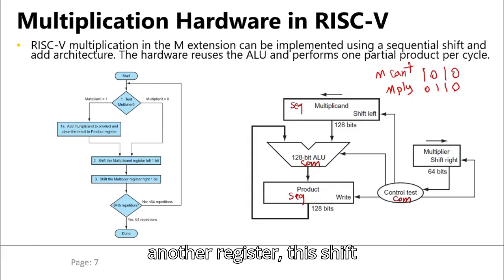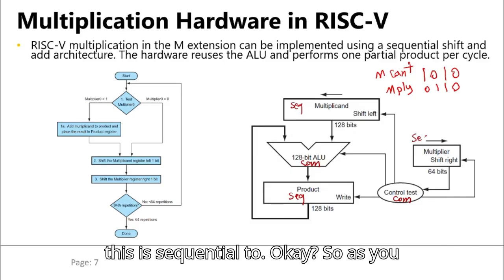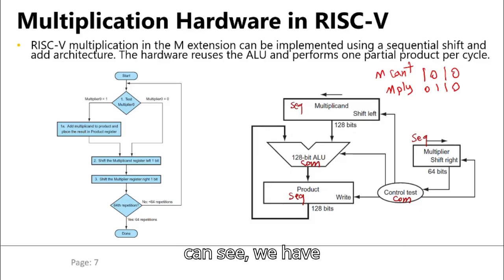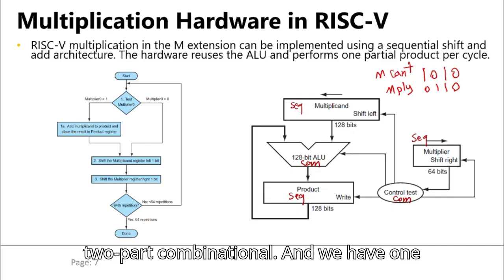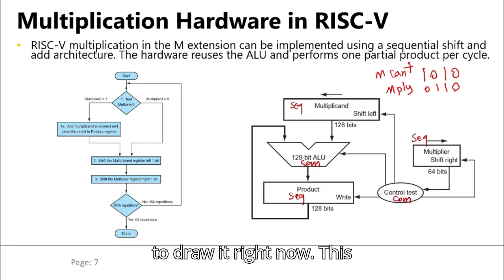We have another register, this shift multiplier, and this is sequential too. So as you can see, we have three sequential parts and two combinational parts, and we have one clock. I didn't draw it here, but I'm going to draw it right now. This is the clock.